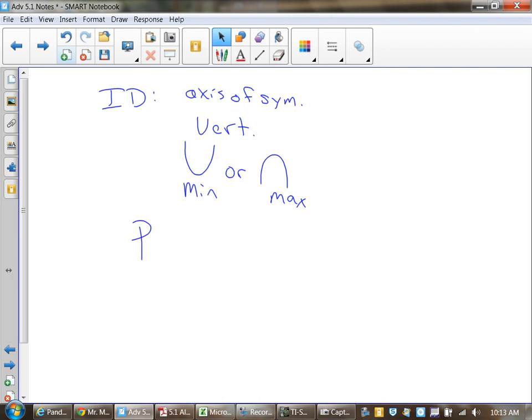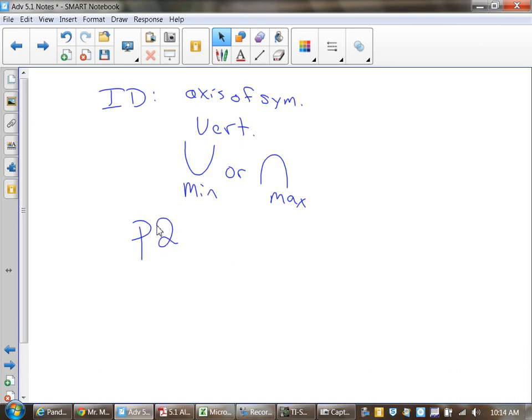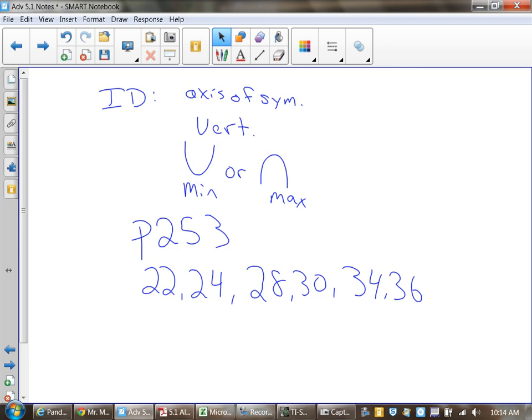Oh, what is this? Page 253. We'll do those 6. You should all have one more sheet of graph paper, right? Yeah. So you need more in the back. We'll do those 6 problems.